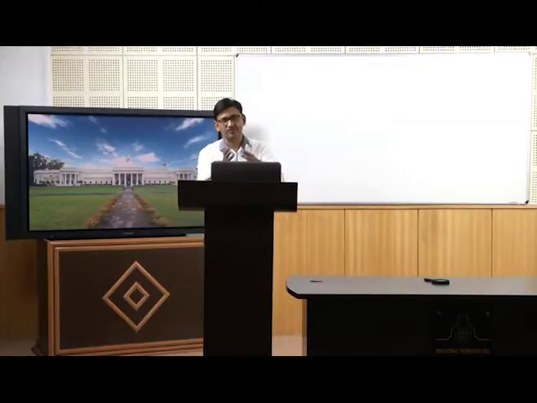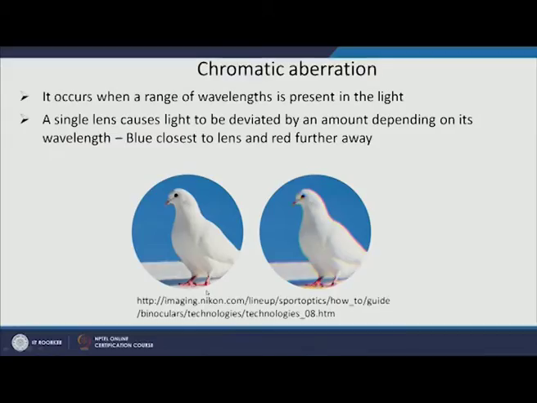It is composed of a range of wavelengths, from red up to green, blue and so on. And when this kind of light goes through a single lens, it causes light to be deviated by an amount depending on its wavelength. So, blue will be the closest to the lens and red will be further away from the lens.